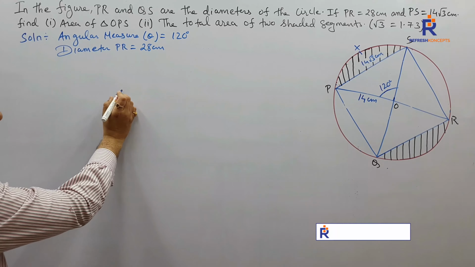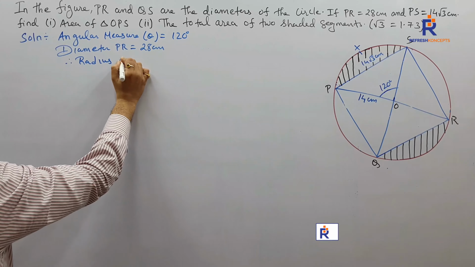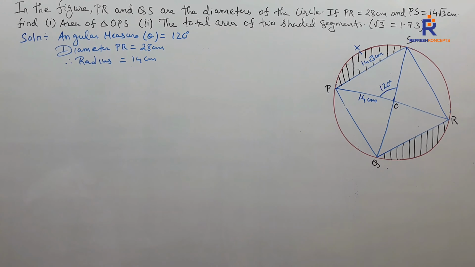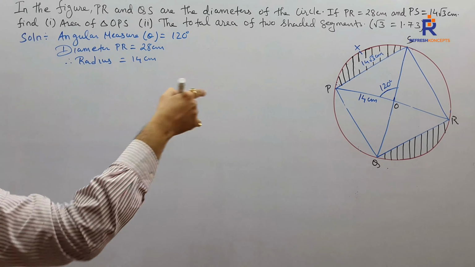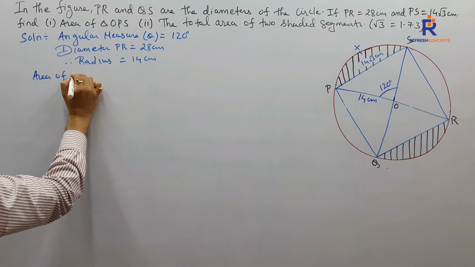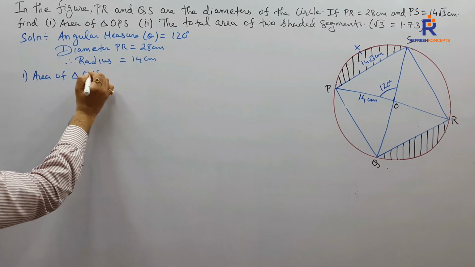Then what is the radius therefore? Radius is 14 centimeter. With this said and done, what do I need to move on with? Area of triangle. The first part we are into is the area of triangle OPS, children.